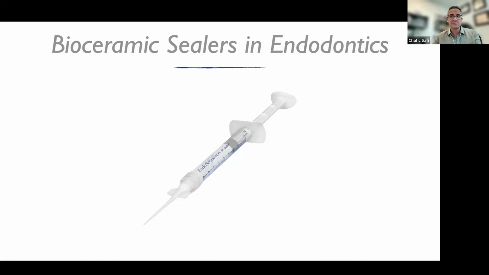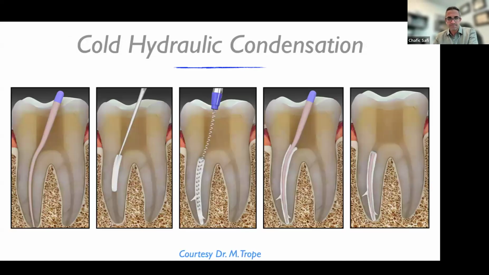This is the sealer that has been studied and investigated a lot, and today it is used as the comparison when we try to evaluate a new bioceramic sealer introduced into the market, because it has proven itself to be really reliable in sealing the root canal system.